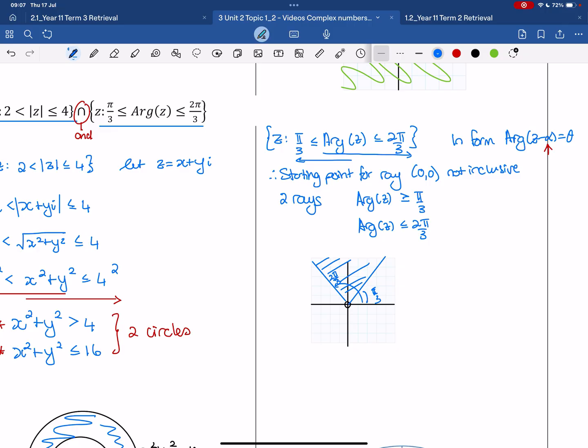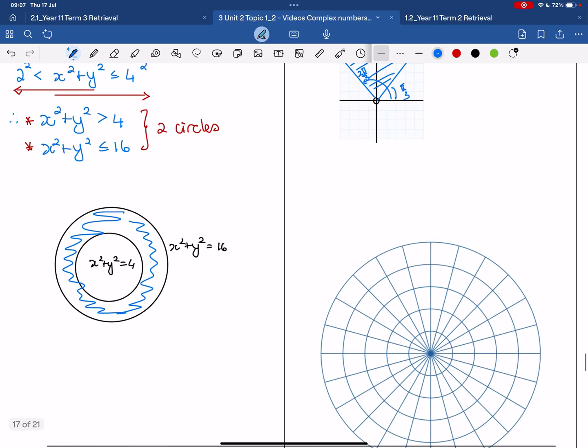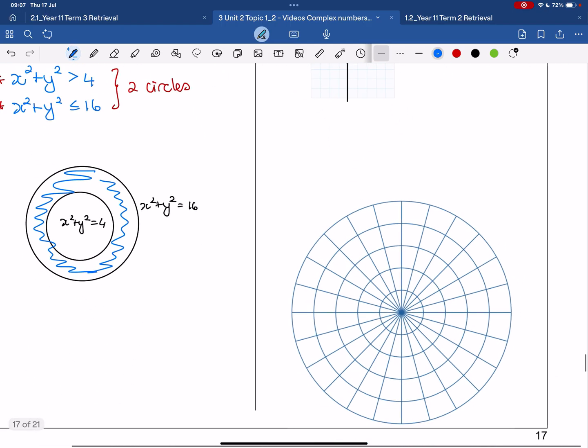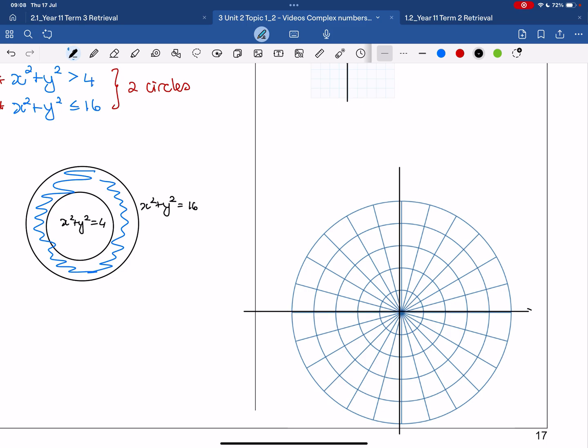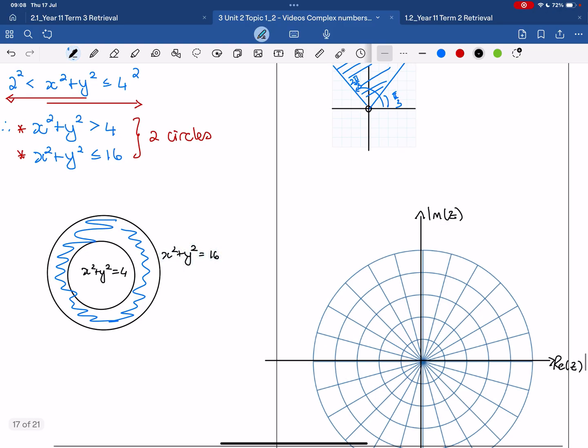Now, because there's an and sign over here, I need to put these 2 pictures together onto my Argand diagram. Okay, and I didn't do this in advance, but let's quickly do our imaginary and real axes. So there's my real axis, there's my imaginary axis. Okay, so my first one, x squared plus y squared equals 4. It must be greater than, so let's do our dotted lines, and I need to probably decide what my values are going to be on my rings.